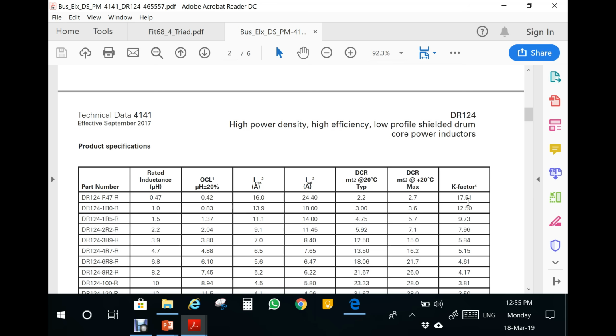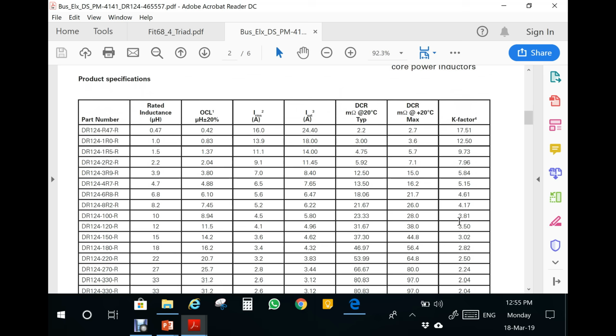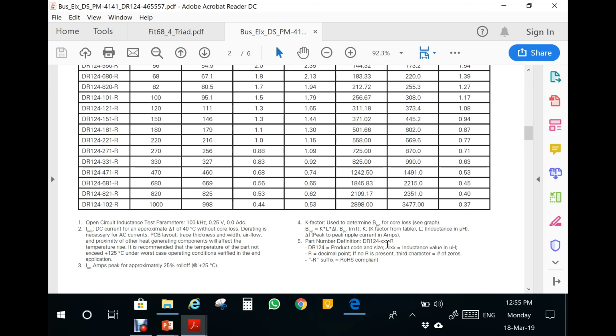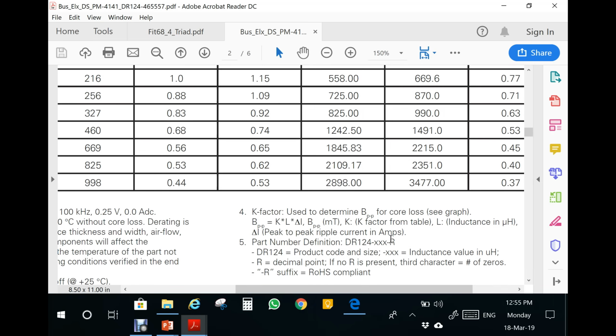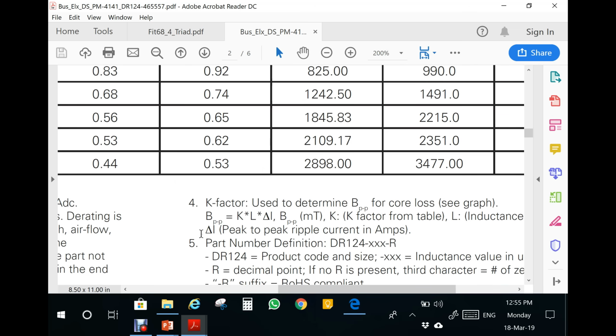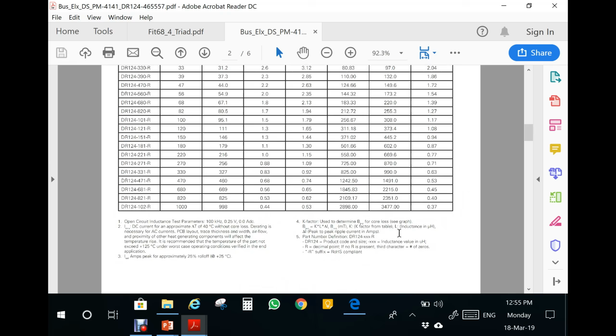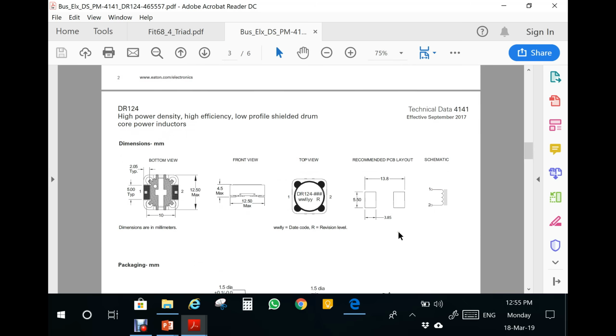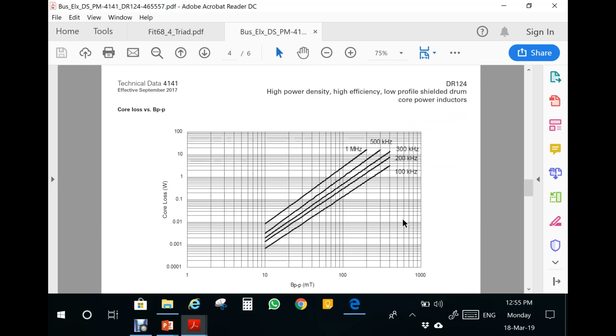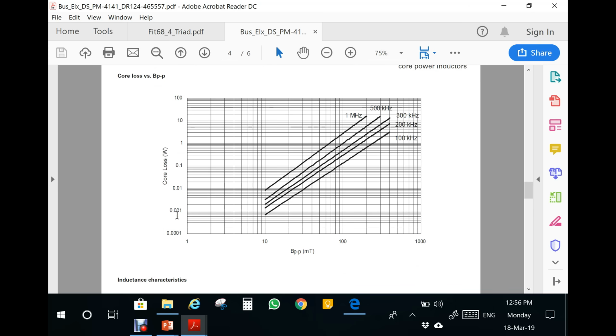And then they have this K factor, which I've mentioned before, which is very nice. They're saying that B peak to peak is K, this number, times L delta I. So you can estimate B peak to peak, and once you do that, let's have a look here, they provide this curve, these plots, which I've already mentioned or showed.